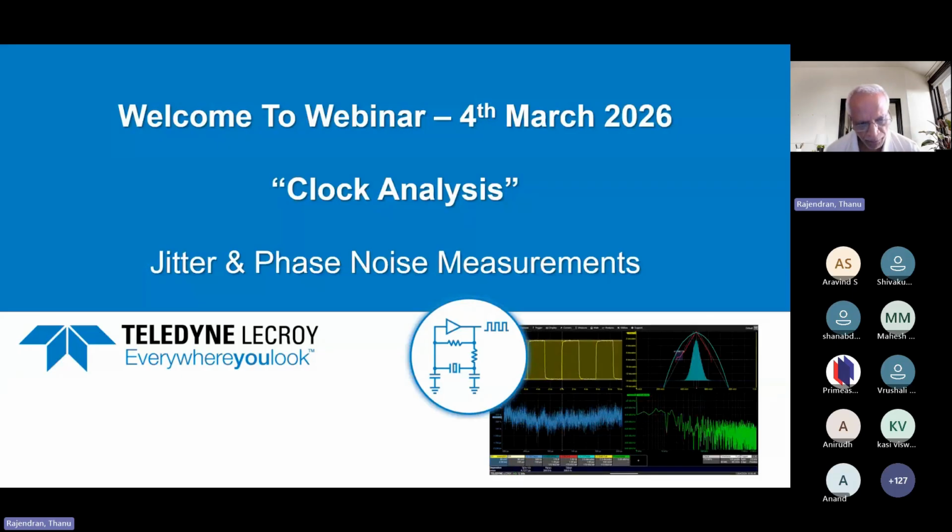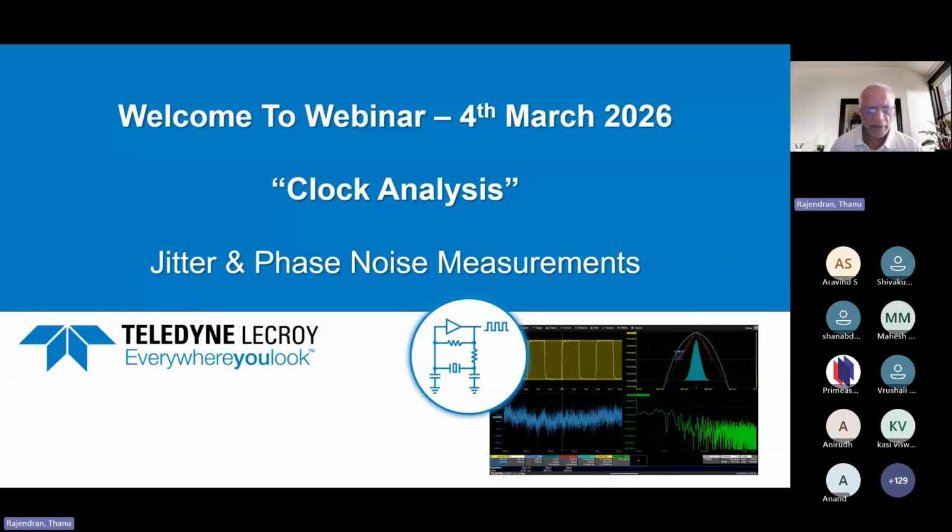All the synchronization that happens within a system is based on that clock. If the clock is unstable, then anything and everything does not work. That's why it is more important to analyze the clock before you analyze any other signal on your board.